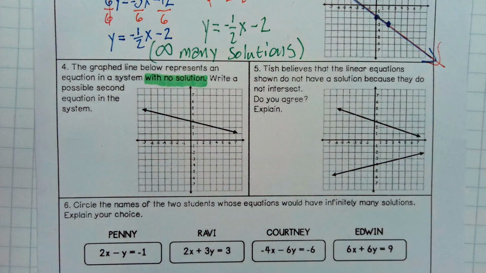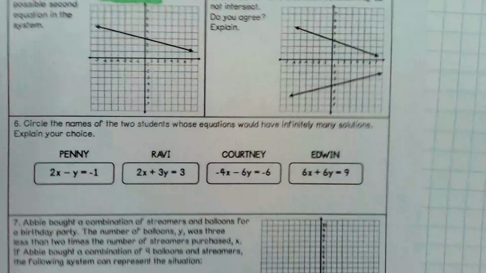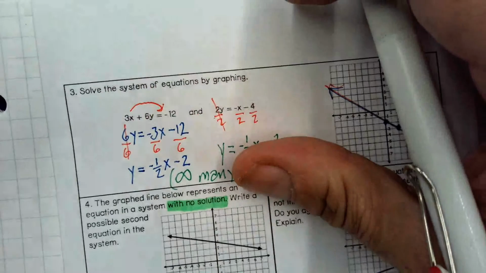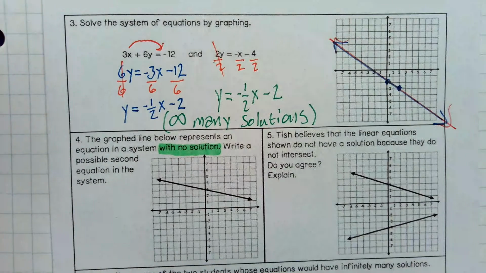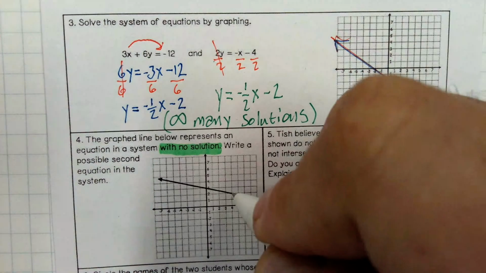So graphically, what are we looking for the lines to be? They have the same slope and different y-intercepts. So it would be helpful if we knew the slope for this line. What's the slope for this line?